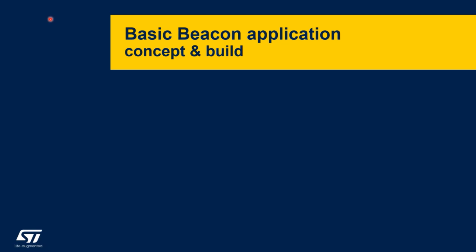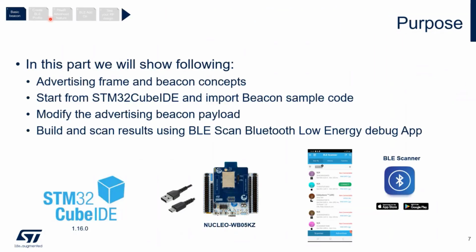So we'll start now first with a basic exercise using STM32CubeIDE and the associated CubeMX to build a basic beacon. The idea would be first, and maybe some of you are already more than familiar with Bluetooth low energy concepts, but we'll demystify a bit and try to understand what is a BLE beacon.